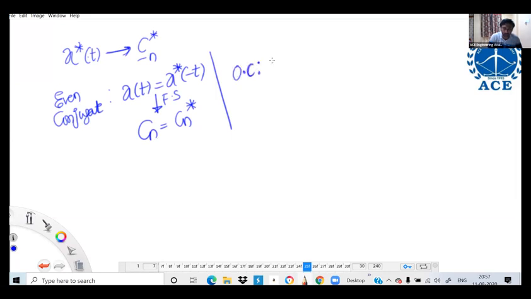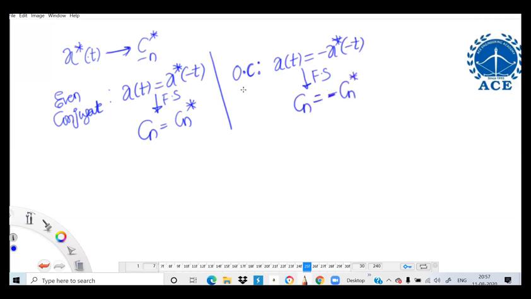Similarly, what is odd conjugate behavior? x of t equals minus x conjugate of minus t. So with respect to Fourier series, if cn is minus cn conjugate, this will be obeyed. They have given this explanation, sir. I didn't understand it. Okay, sure. Okay, sir. Thank you, sir.